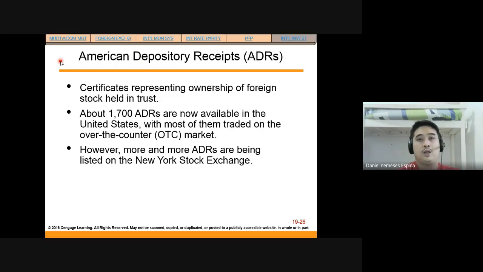However, the control and management is not only evidenced by these depository receipts, because some depository receipts have an agreement.